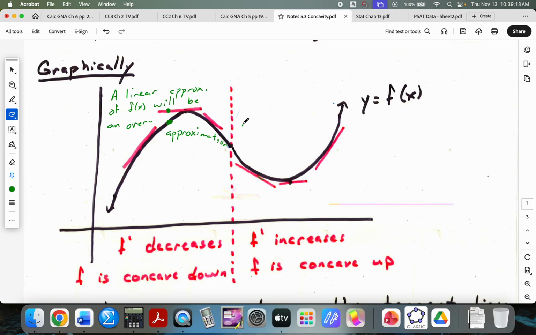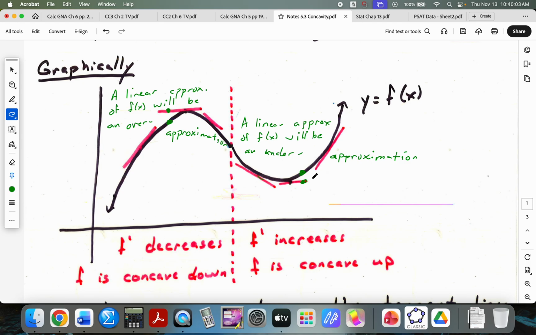Over here, a linear approximation will be an under approximation, because if I use this tangent line to approximate the value of the function at this point, my tangent line is going to be underneath the curve.